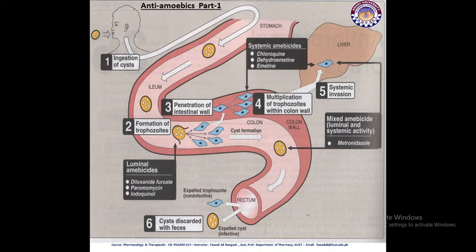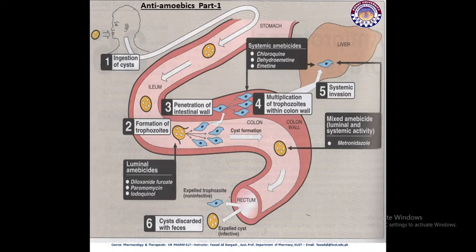There they multiply within the colon wall, and then there is a systemic invasion into the liver. So these trophozoites are either excreted through the rectum, or converted into cysts and then excreted, or they penetrate the intestinal wall, where multiplication occurs within the colon wall, followed by systemic invasion into the liver.